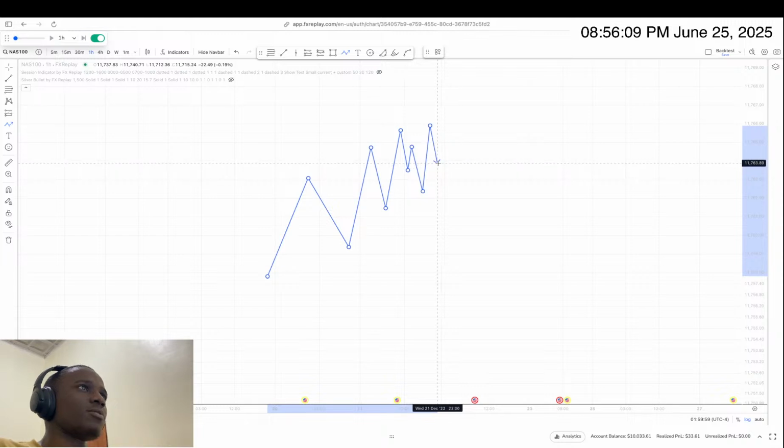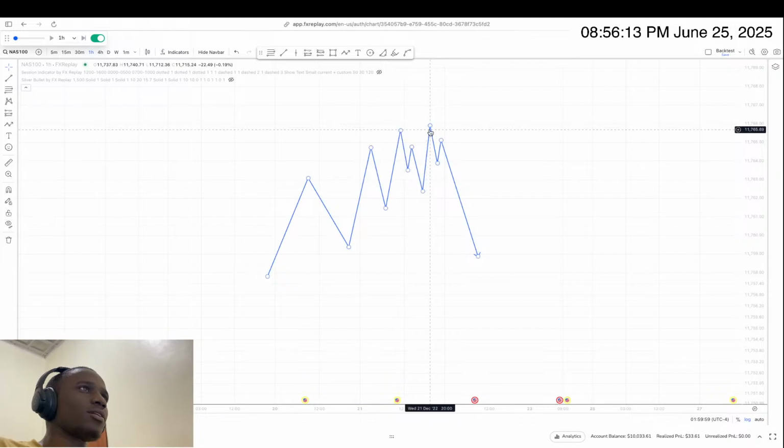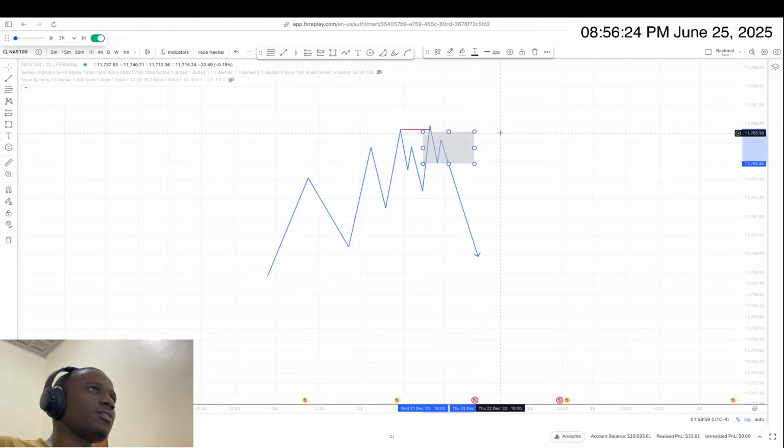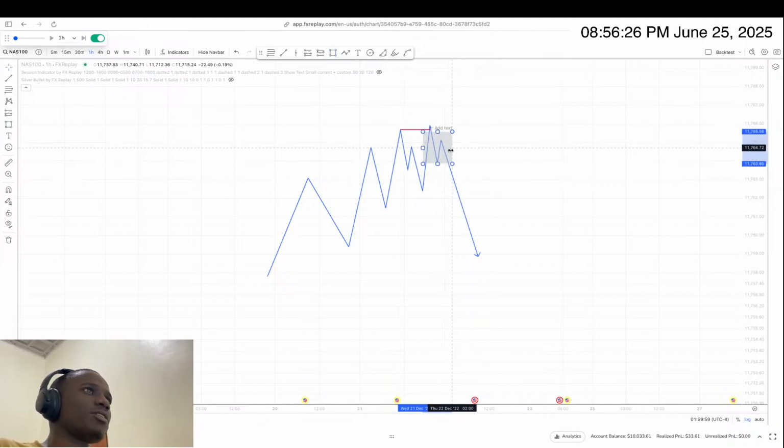So on the higher time frame, you would look at this sweep, and on the lower time frame you look at this internal structure to find where to position yourself for an entry.